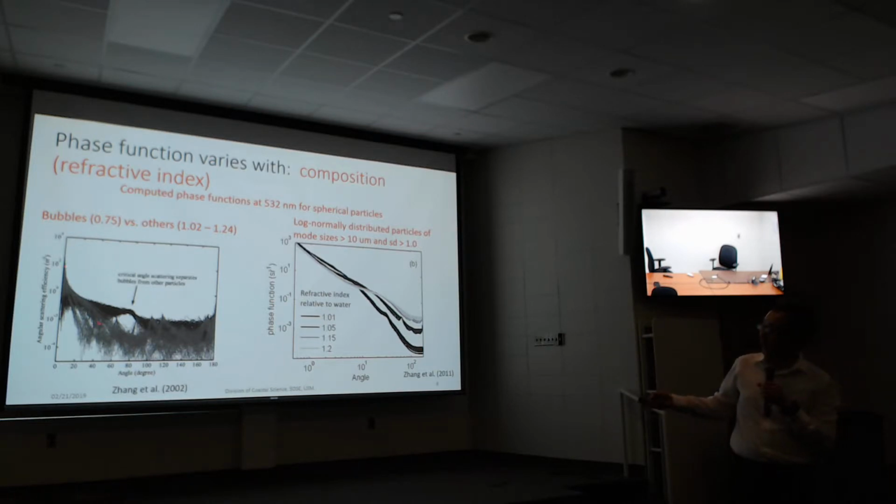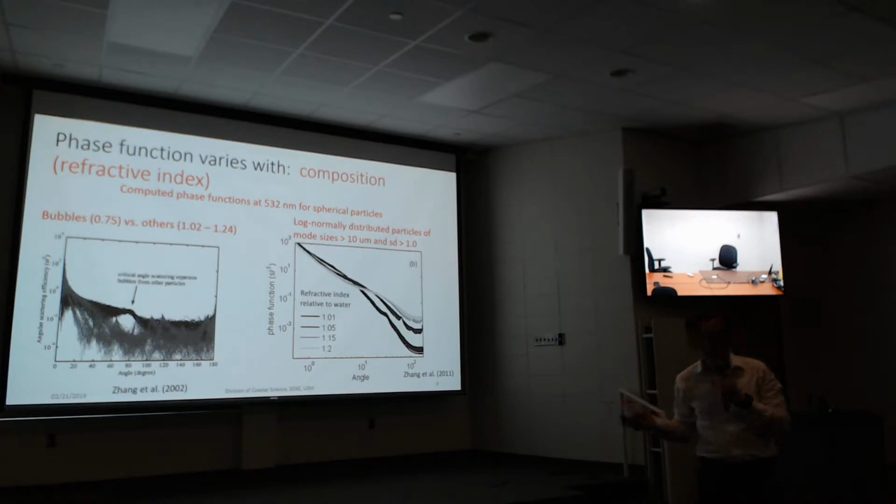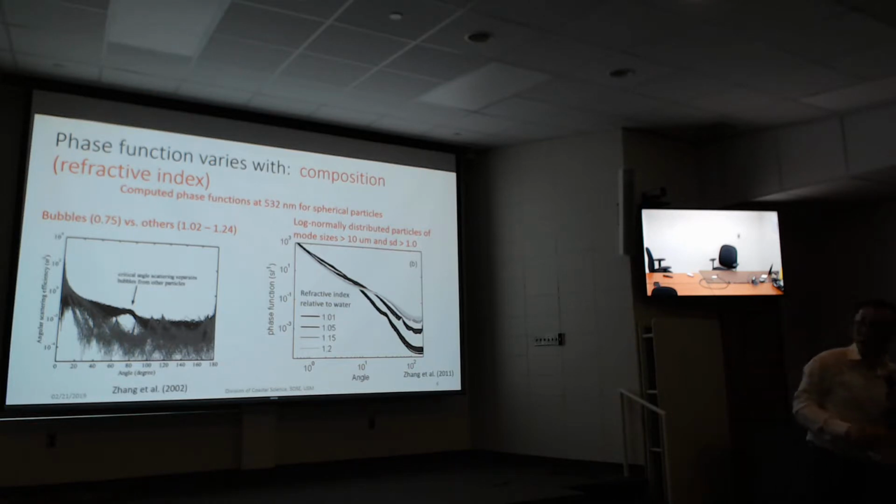There are many parts that are the same, but at a scattering angle of 80 degrees, it is totally different. So if you measure the scattered light at just 80 degrees, we can separate bubbles from any other particles. What else? Here there is no bubble, they are all particles with different refractive indices, and you can see that for different refractive indices the angular distribution is different. So this angular distribution also depends on the composition of particles.